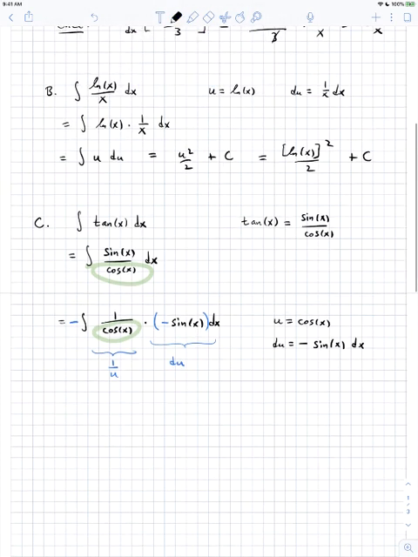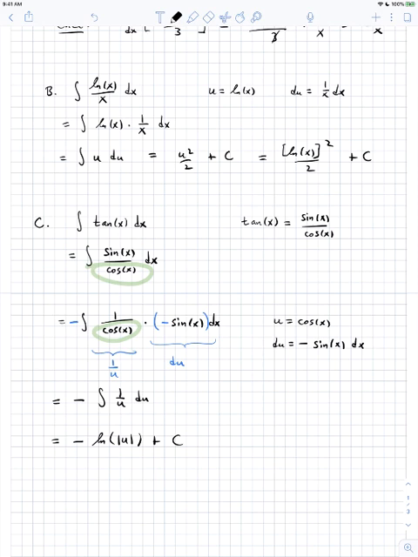So what do we have? We have that this integral is minus, or the opposite of, the indefinite integral of 1 over u du. And this is one that we know. This is an elementary antiderivative. This is minus ln of the absolute value of u plus a constant.